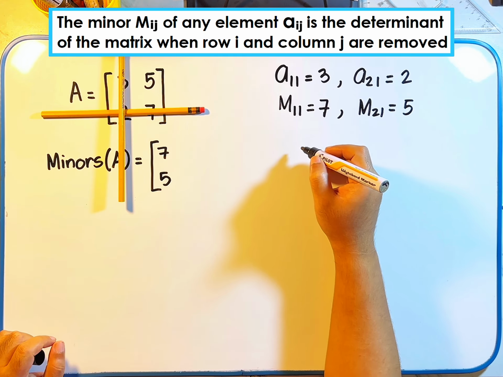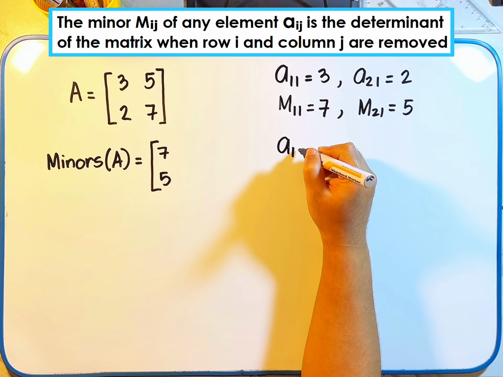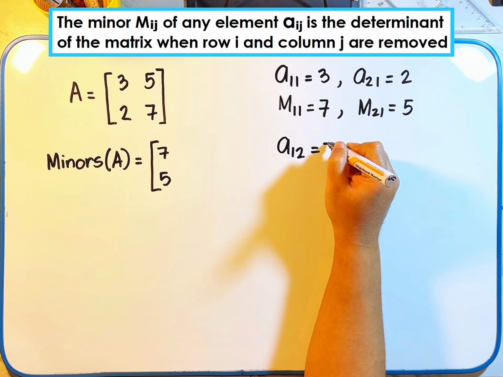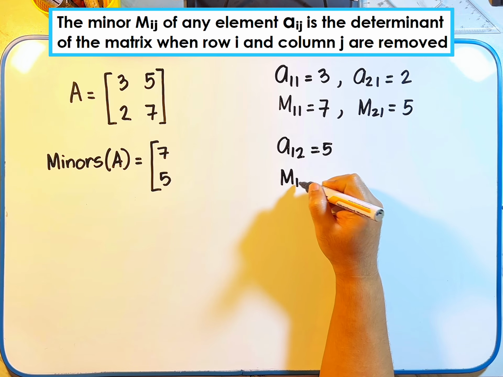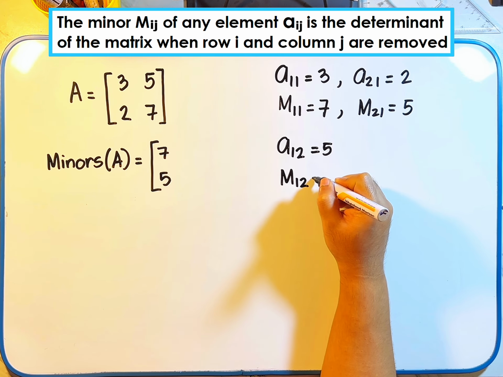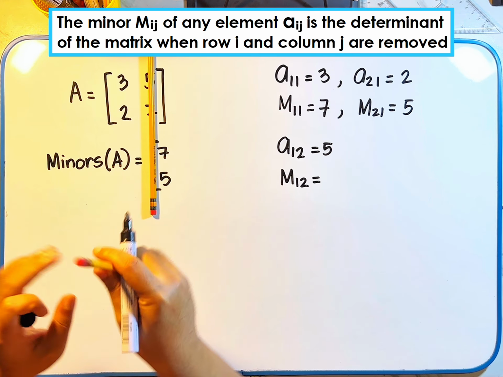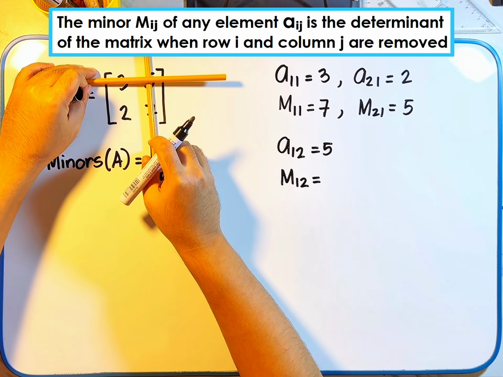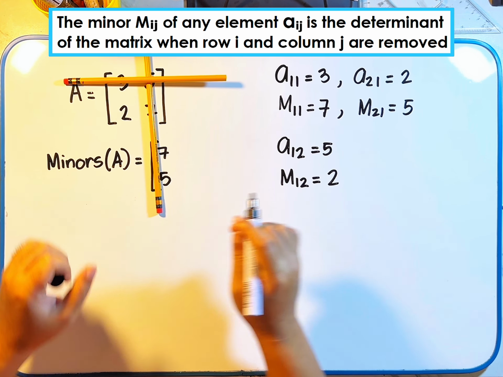Next. This term right here is the element in the first row, second column, equal to 5. And the corresponding minor, the minor in the first row, second column, is equal to, let's block this column and this row. We're left with 2. So we will replace 5 with 2.